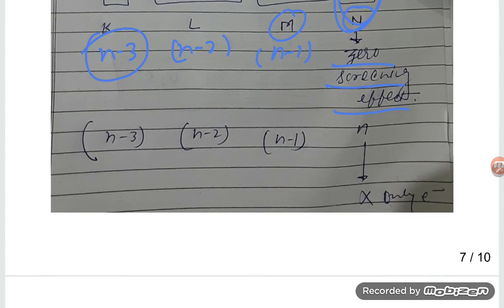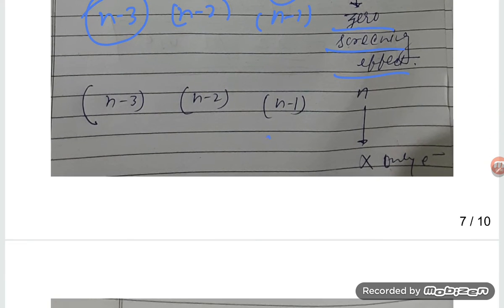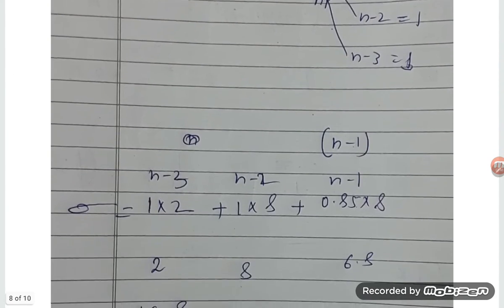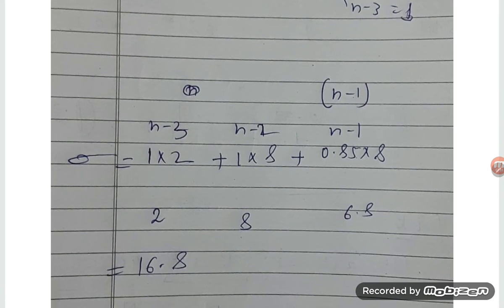Okay, so this is 0, and for n minus 1 I told you 0.85. Okay, student, and here is 1 and here is 1. So let us see how they have done this, student. How many electrons are there? For n minus 1, 8 electrons, n minus 2, 8 electrons, and n minus 3, 2 electrons.